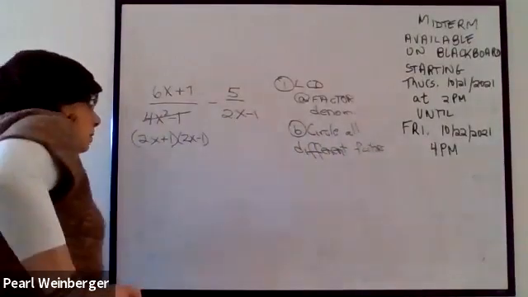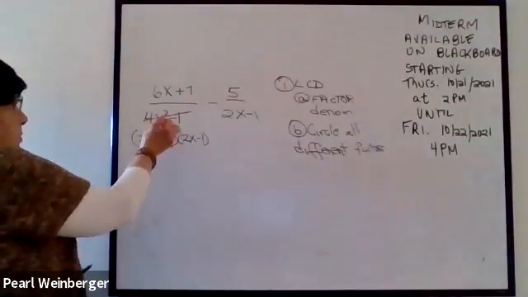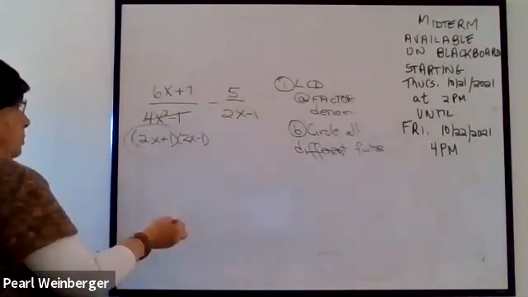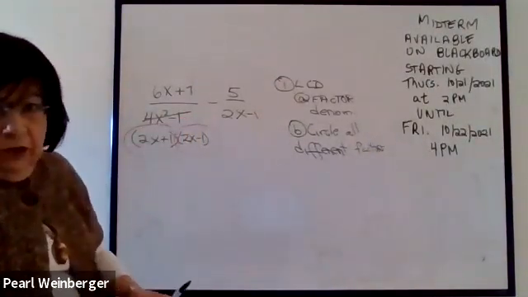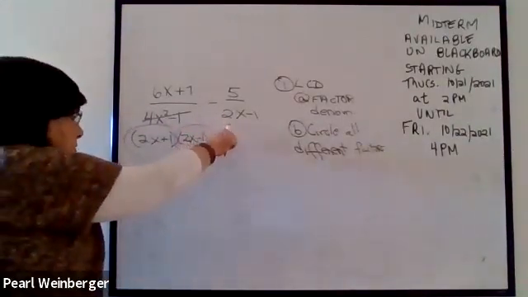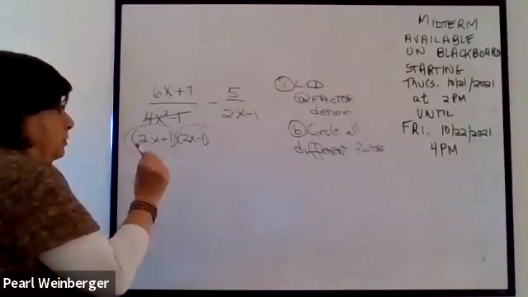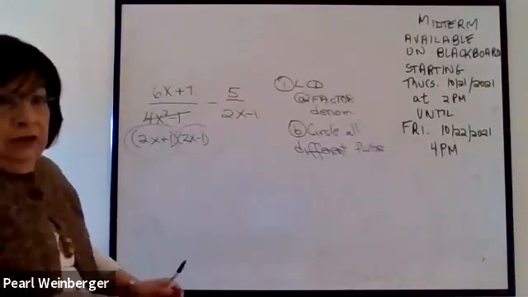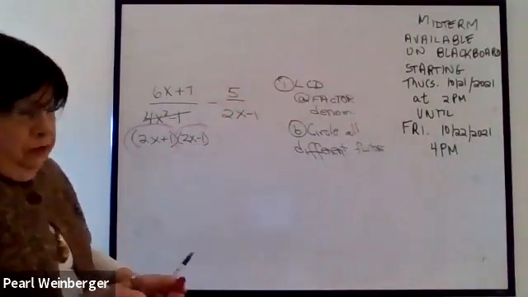So what I do is I start with my first denominator and I circle all the factors of that first denominator. So there's a 2x plus 1 and a 2x minus 1. Those are my first two factors that I circle. I then go to my second fraction and circle anything that has not been circled already. Now this is a 2x minus 1. Have I already circled the 2x minus 1? Yes, it's right here. So therefore I don't have to circle it.